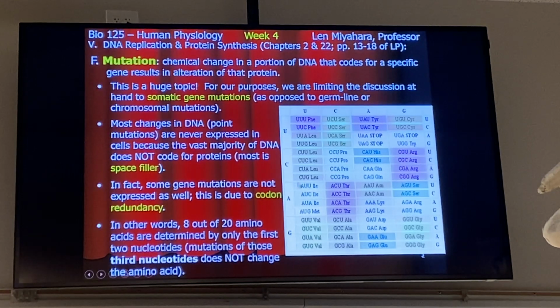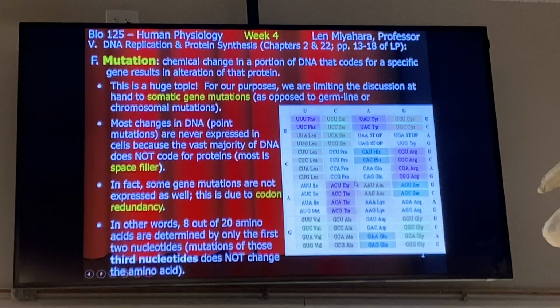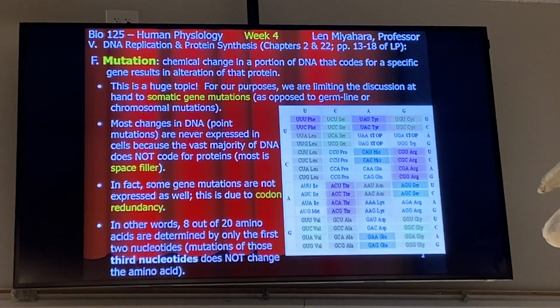Look at that. If it's C and C, you're going to get proline. It doesn't matter what the third one is. It's going to be proline. You can have a point mutation on the third nucleotide. It's the same amino acid, which means the protein is unchanged. And your cell doesn't know there was a point mutation there, even when it happens on a gene.